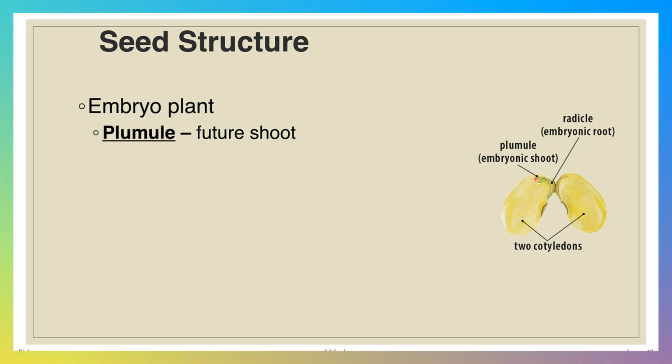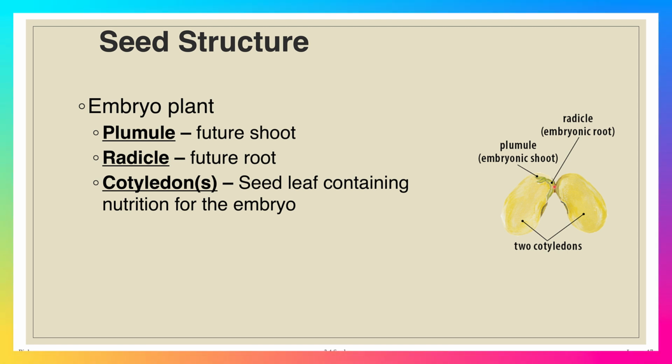The future shoot, which is shown right here, is called the plumule, and the future root, shown here, is called the radicle. And as I said, these large starchy sections that provide energy are called cotyledons.